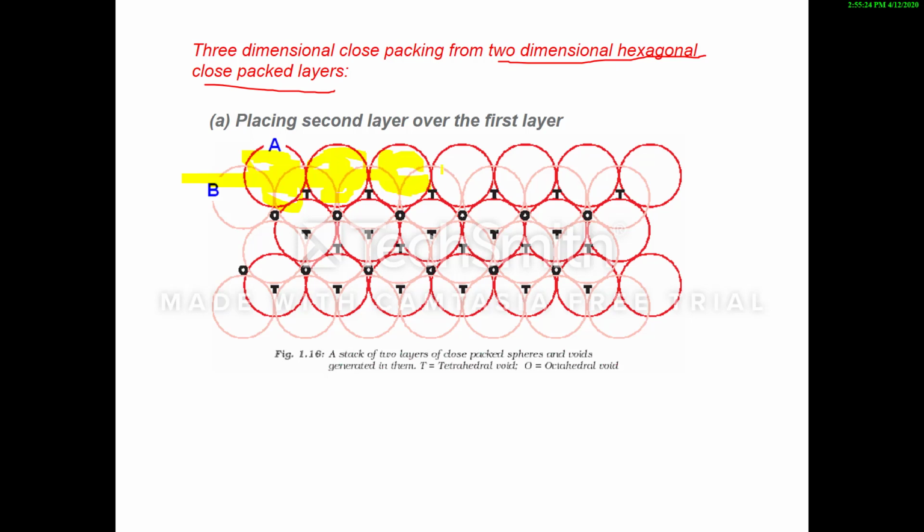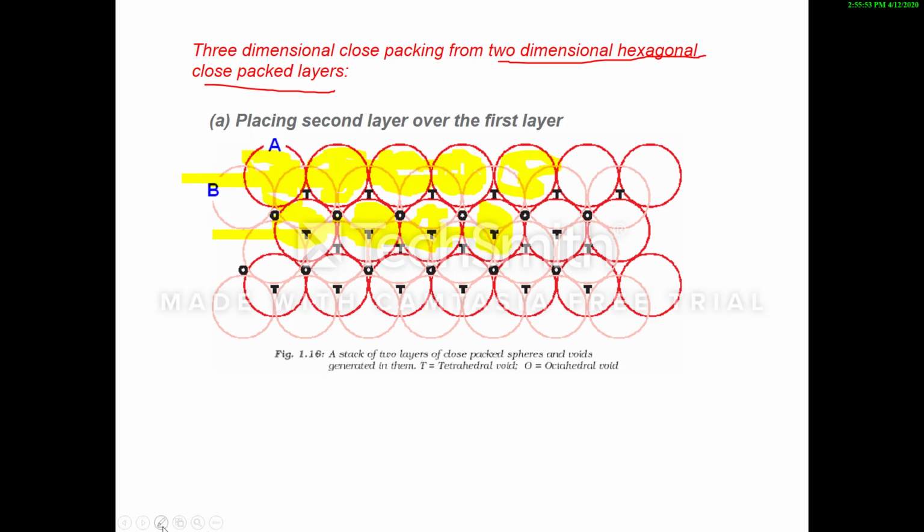This is the 2-dimensional hexagonal closed packed layer structure. Is it clear? In the same way, this is also there. Now we want to place the second layer particles.